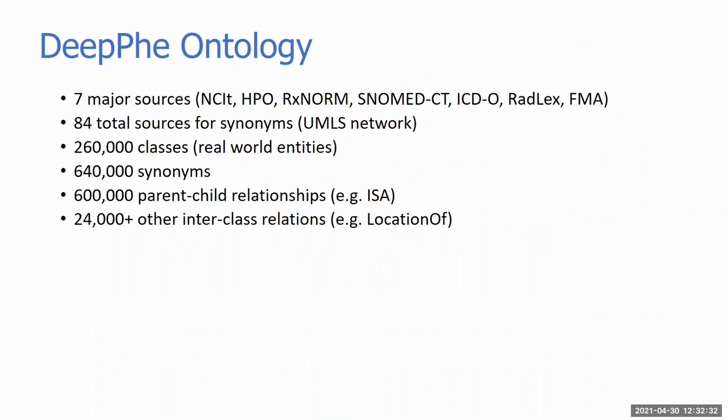Behind the scenes, we have the DeepPhe ontology, and these are some of the characteristics of the DeepPhe ontology. We need the ontology because we have to provide ICD-O codes for all the cancer attributes. So that's the normalization that we do.